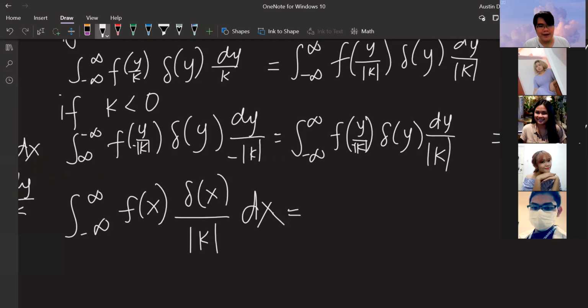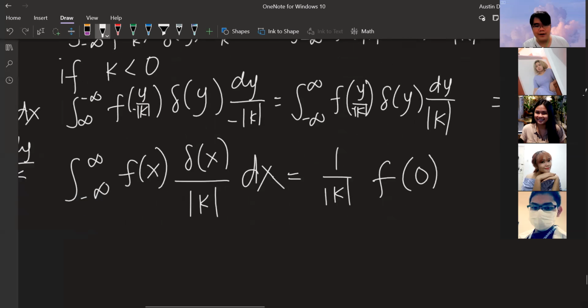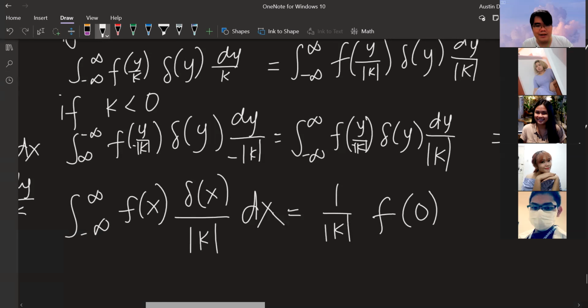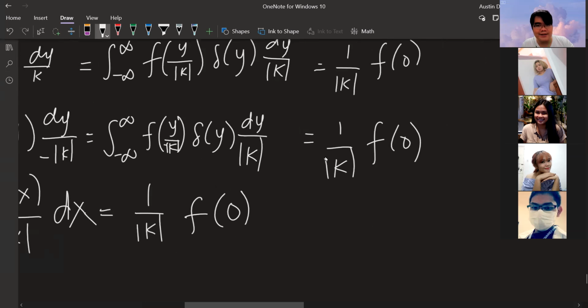This is Dirac delta of x, di ba? Since yung x mo is from negative infinity to infinity, madadaan niya sa 0, and we have something like 1 over k f of 0. Tama ba? Okay. So this is a different function, di ba? This is a different function. But in essence, the right hand side is the same.